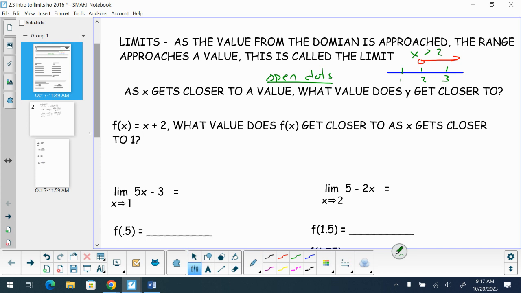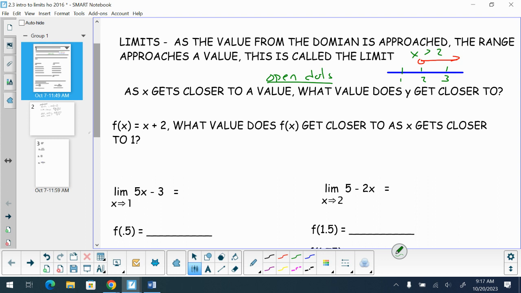Well, I'm looking at 1.01, 1.0000001. If I'm plugging in values getting closer to 1, what does f of x get closer to?